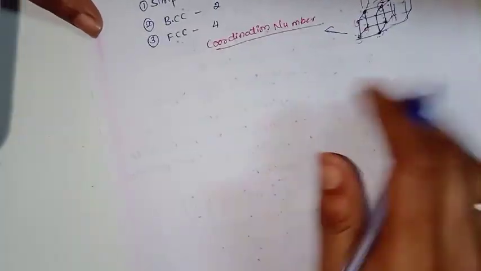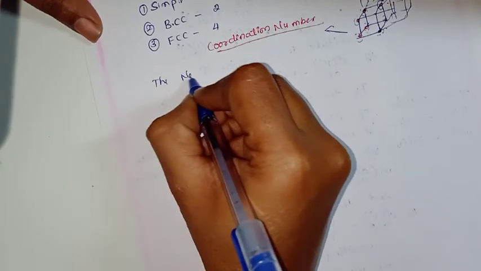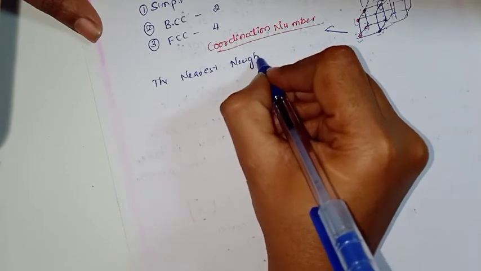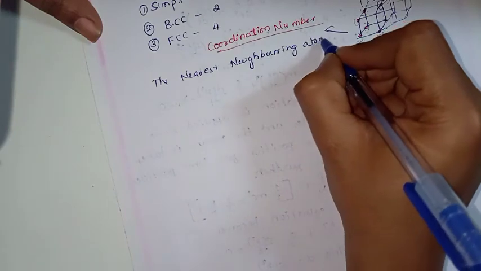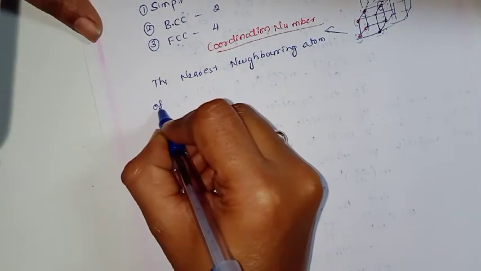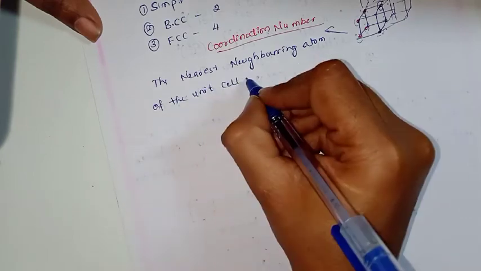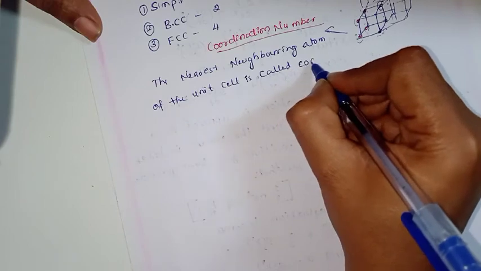The definition is: the number of nearest neighboring atoms of an atom in the unit cell is called the coordination number.